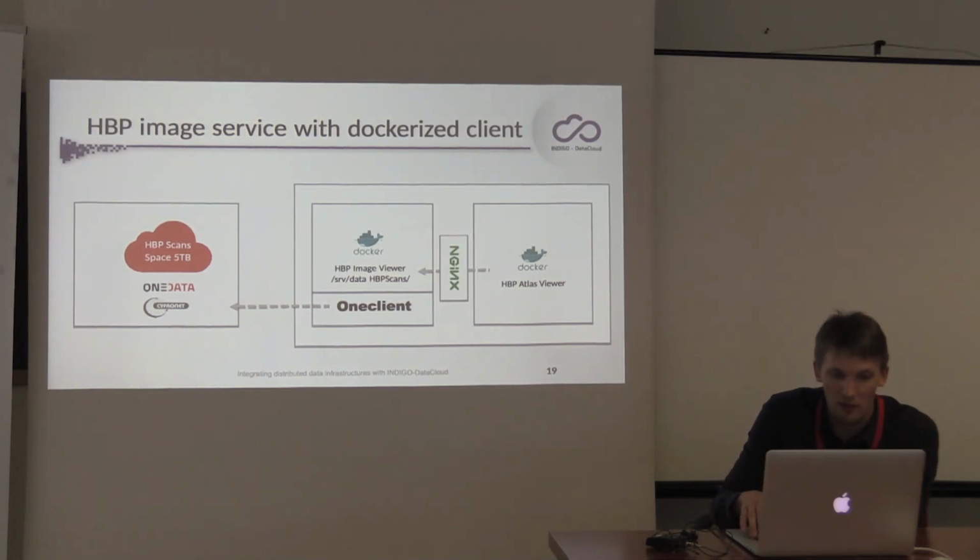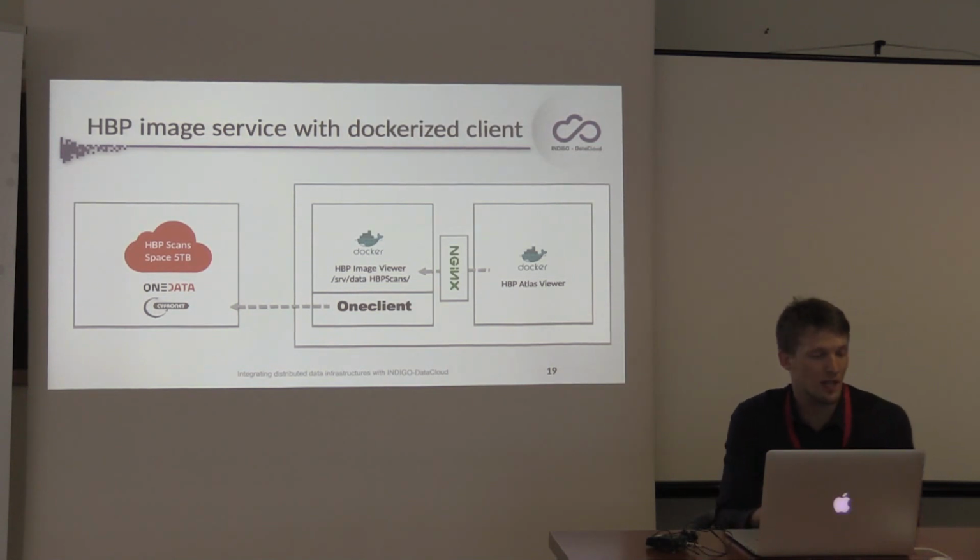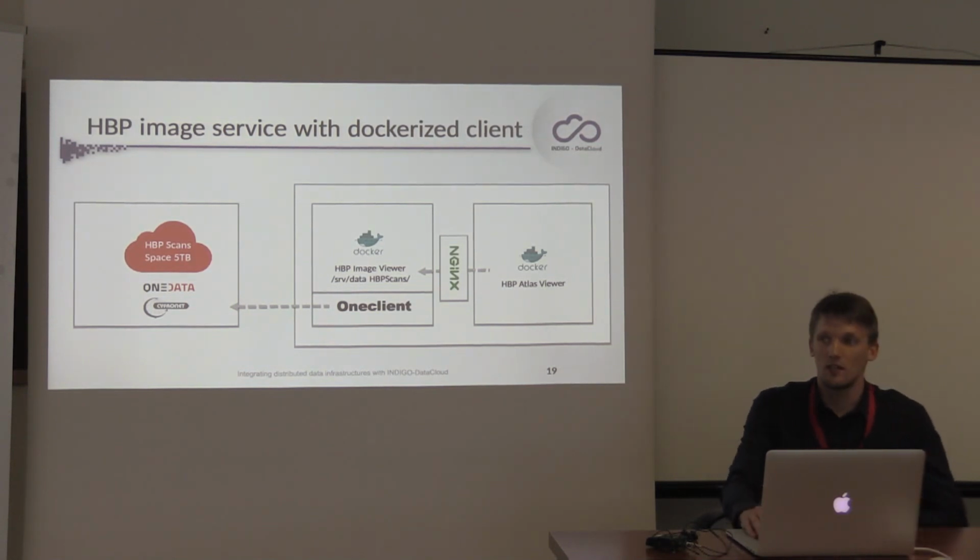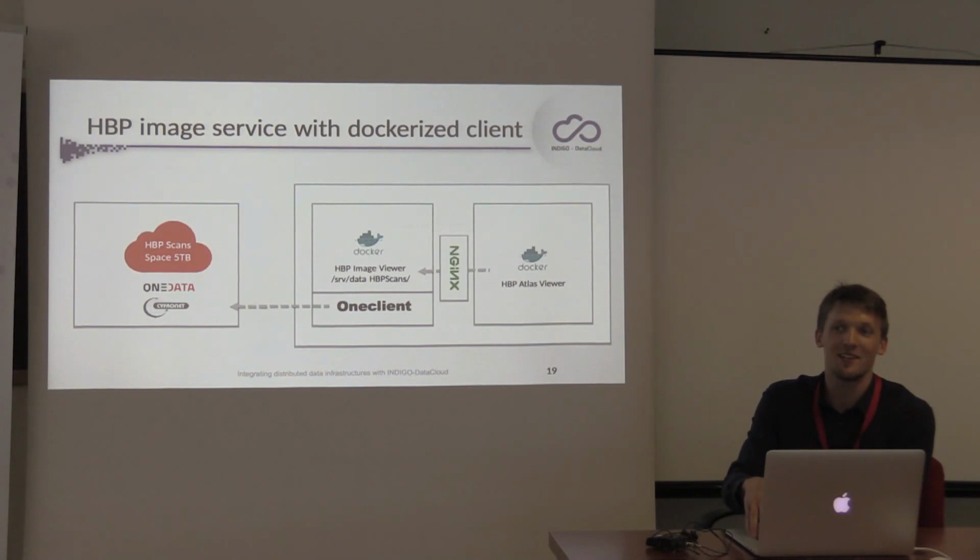And we measured the performance of this setup with 5 Image Viewer containers with one Oneclient mounted. The Oneclient was mounted over a parallel file system, the name of which I don't recall, but it was very performant.